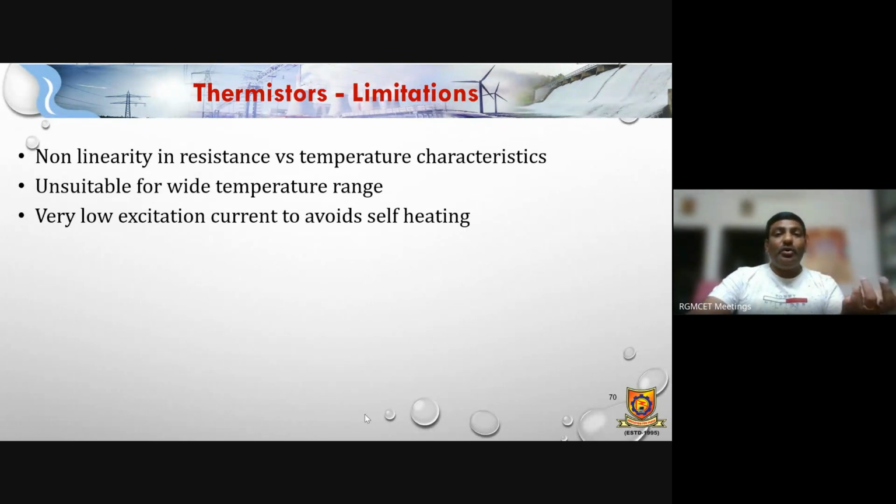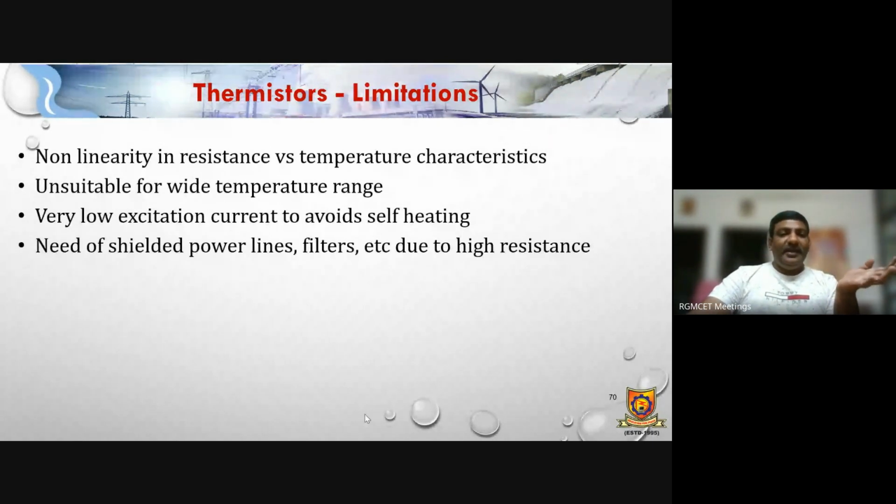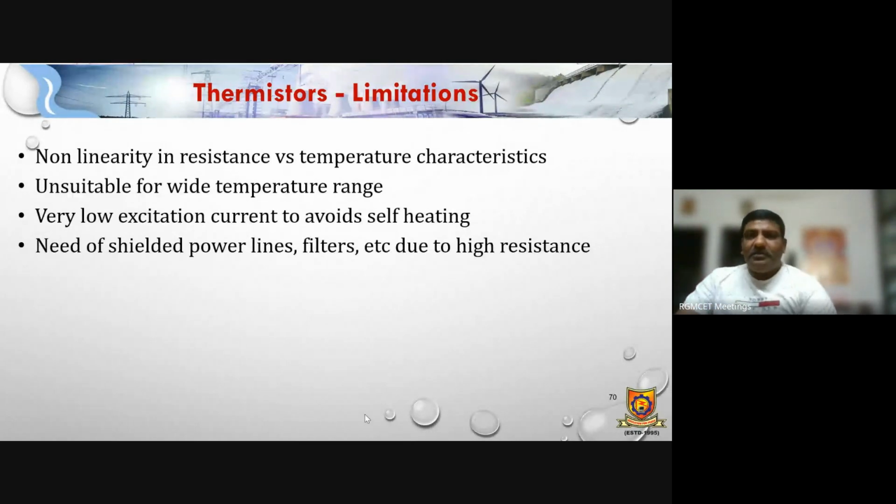Whenever it gets heated up, the resistance is going to be reduced, so in order to avoid this self-heating, low excitation currents are provided to keep the temperature constant. And shielded power lines, filters, etc. are needed due to high resistances, in order to avoid changes in the resistance value.